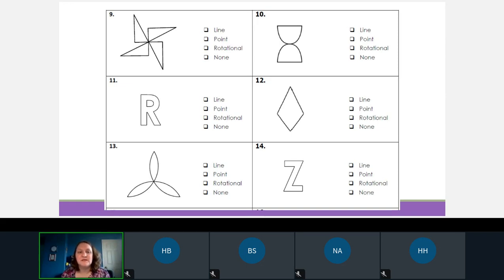So if you think that number 9 has line symmetry, go ahead and give me a check mark on the line symmetry. If you think it has point symmetry, maybe you'd give me a check mark on point. Just put one check mark on the screen on one that you think might be correct, and then we'll talk about it. So here are your whiteboard tools. There you go. Pick one and give me one answer for it. What do you think? I'll give you a minute or two there.